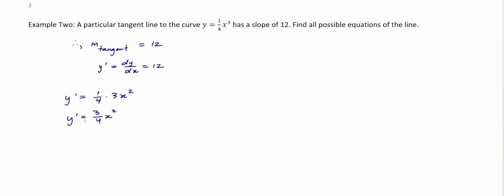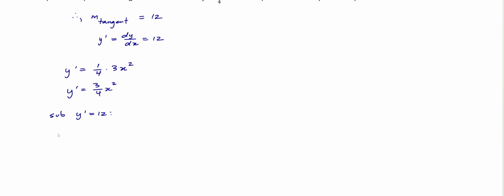But as you can see, I already have the value of the slope of the tangent. The slope of the tangent is 12. So I can sub y prime equal to 12 and find the x value at which that takes place. So 12 is equal to 3 over 4 times x squared.